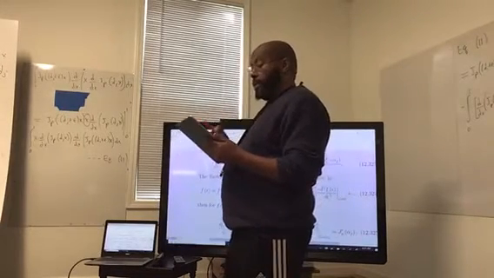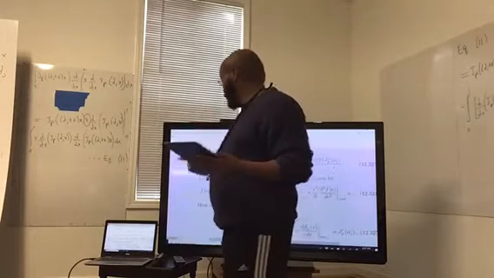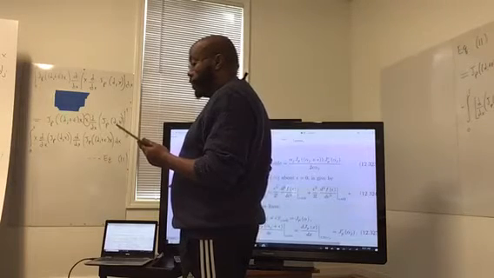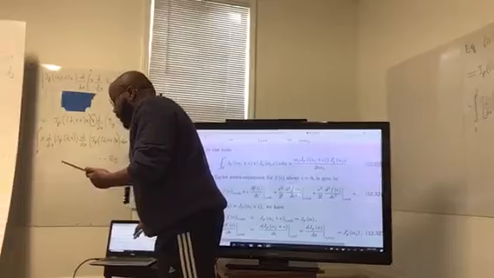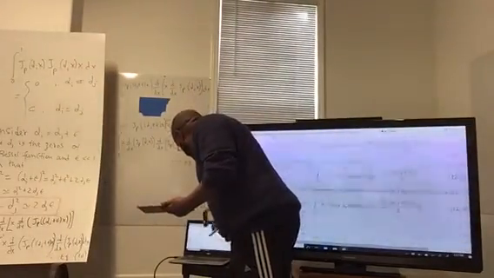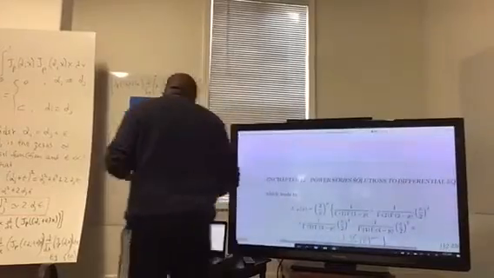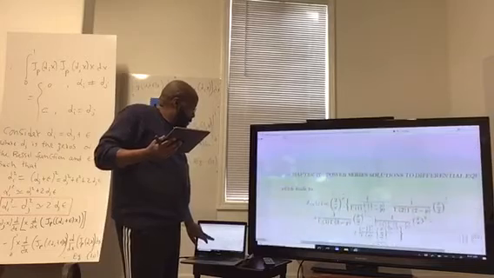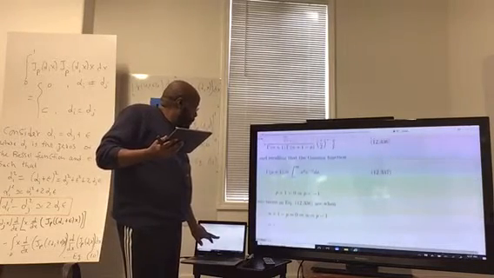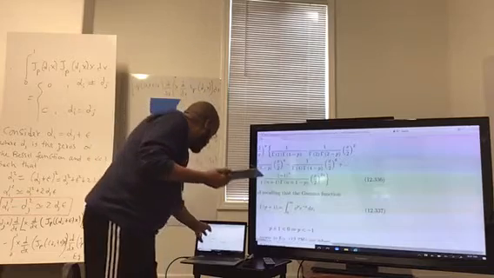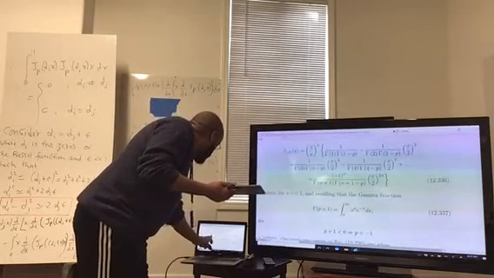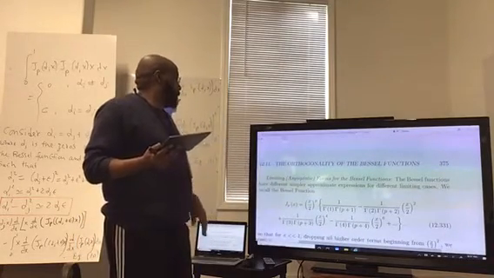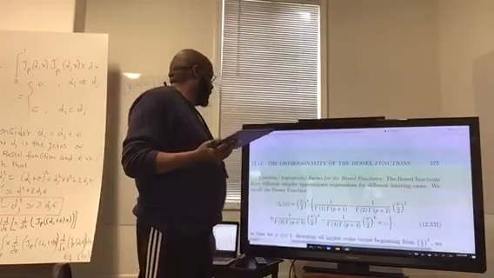The topic that I leave as a reading assignment to you is the asymptotic form of the Bessel functions. That's on page 375. So the limiting or asymptotic forms of the Bessel function.